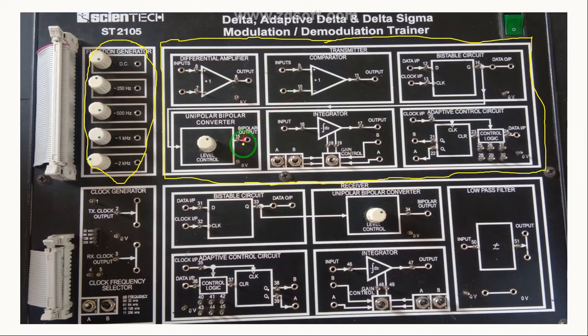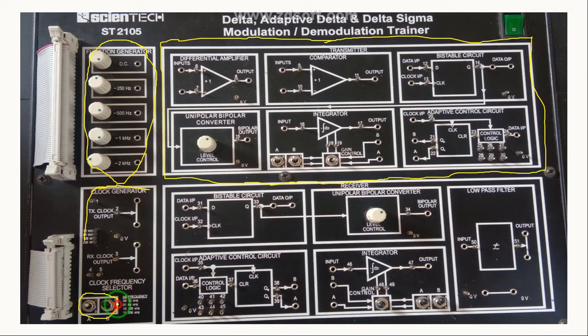As for the clock frequency, you can observe it. This is the clock frequency, clock generator. And this is your sampling frequency. This is a selector switch.